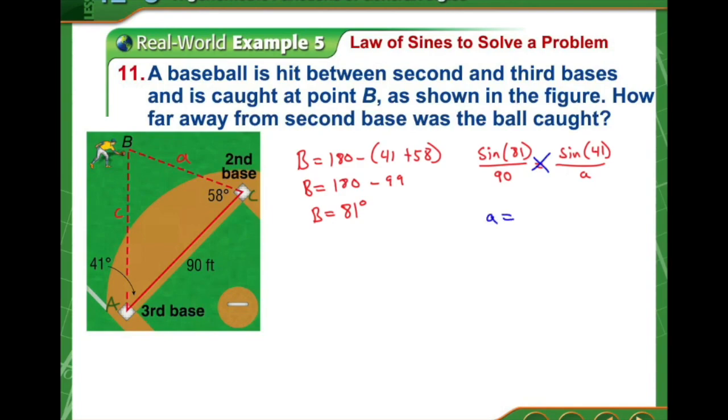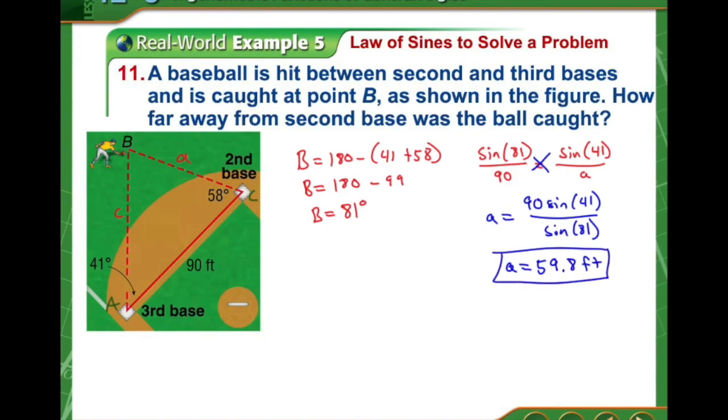But A comes out to be equal to 90 sine of 41 over sine of 81, which comes out to be rounded to the nearest tenth, let's say, is 59.8 feet. That's how far away the ball was caught from second base.